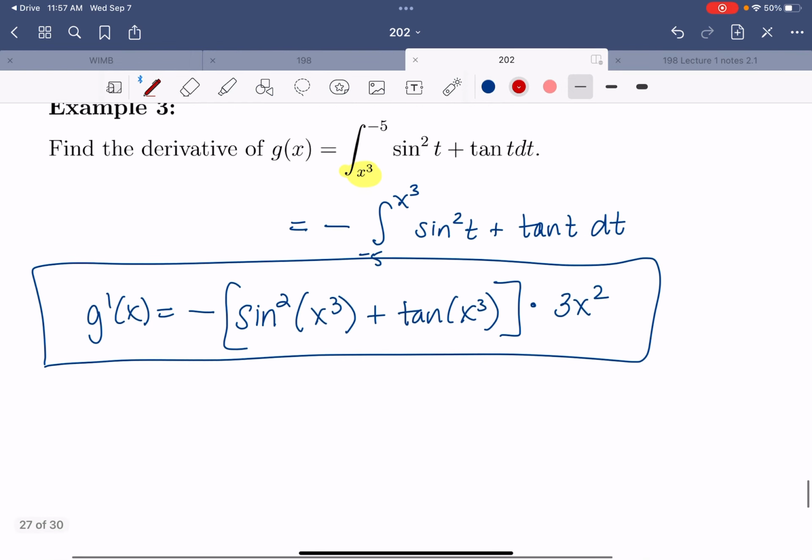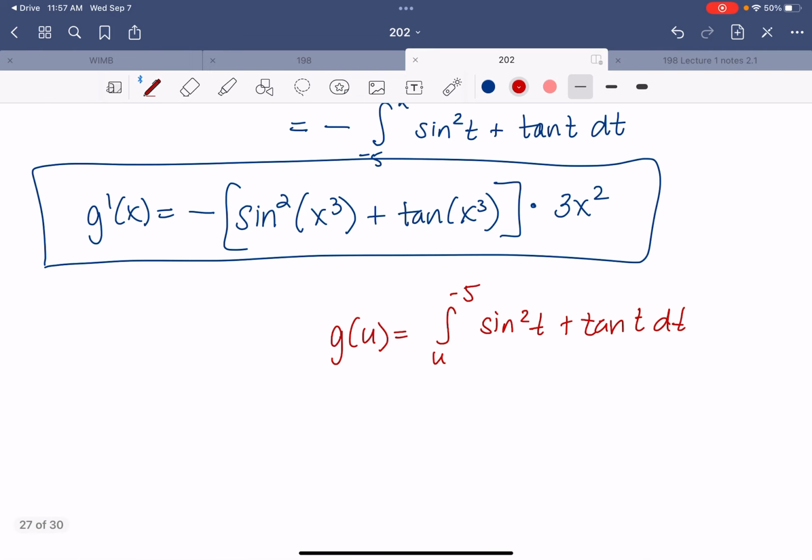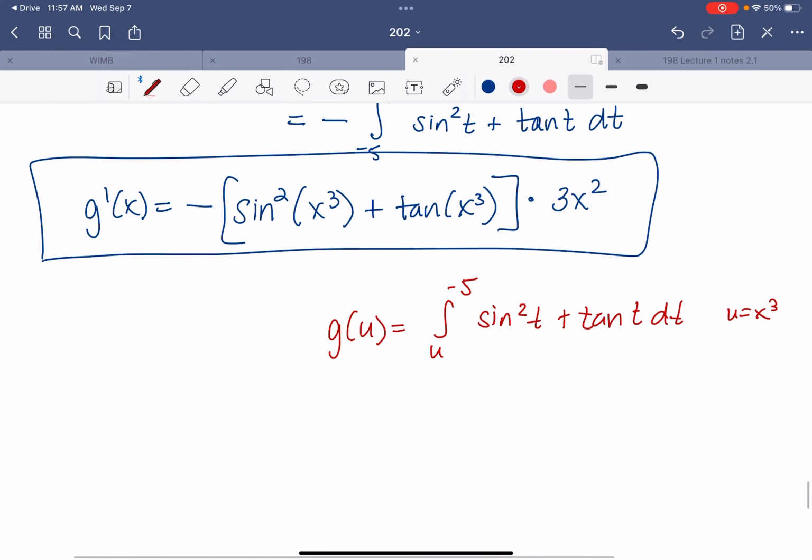So if you think about it notationally, what you're really doing is you can say, well, g of u is the integral from u to negative 5 times sine squared t plus tangent t dt, and u is x cubed. So g of x cubed equals that.